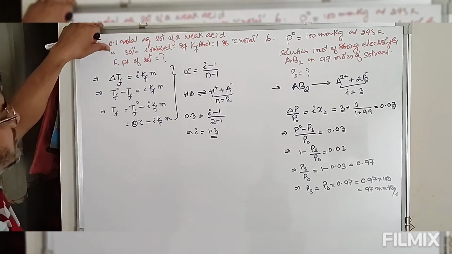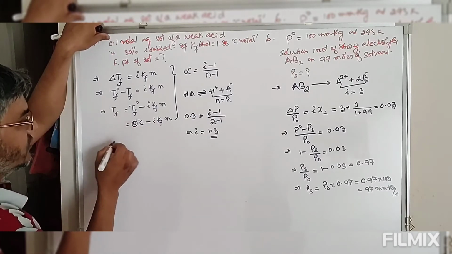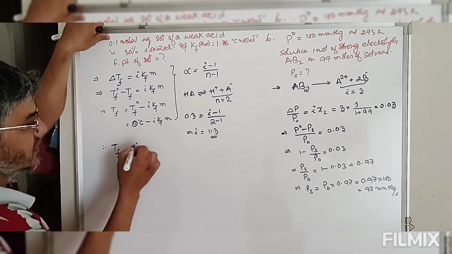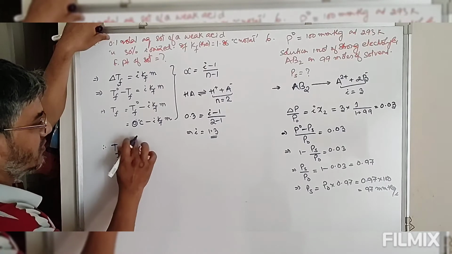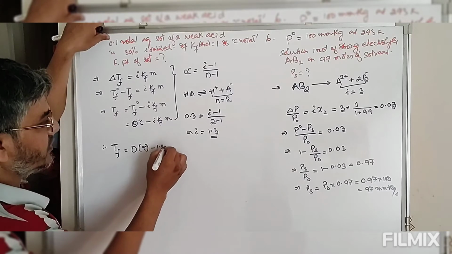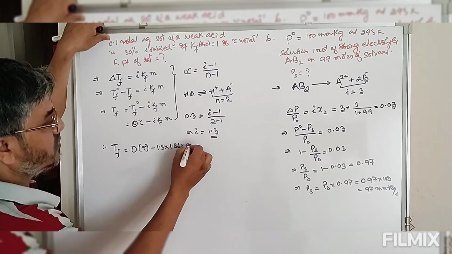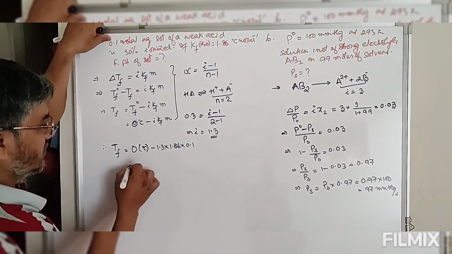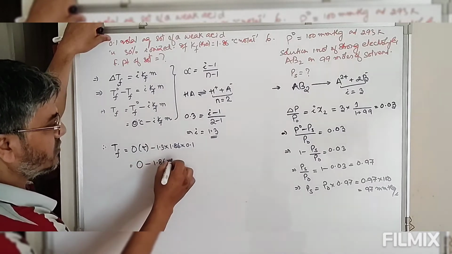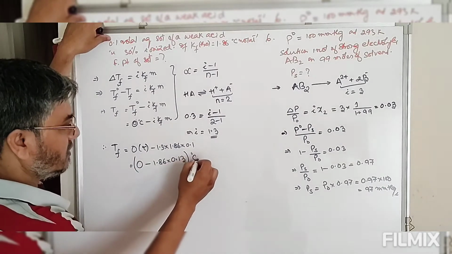Kf is given, i is known, molality is given, so we can find Tf. The freezing point of the solution is 0 degree centigrade minus 1.3 times 1.86 times 0.1, which is 0 minus 0.2418 degree centigrade.